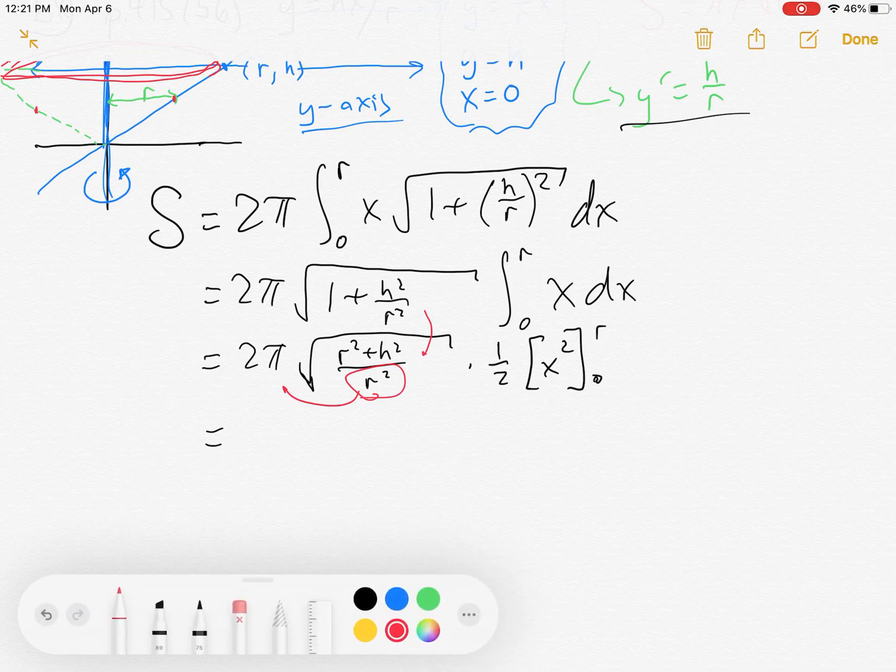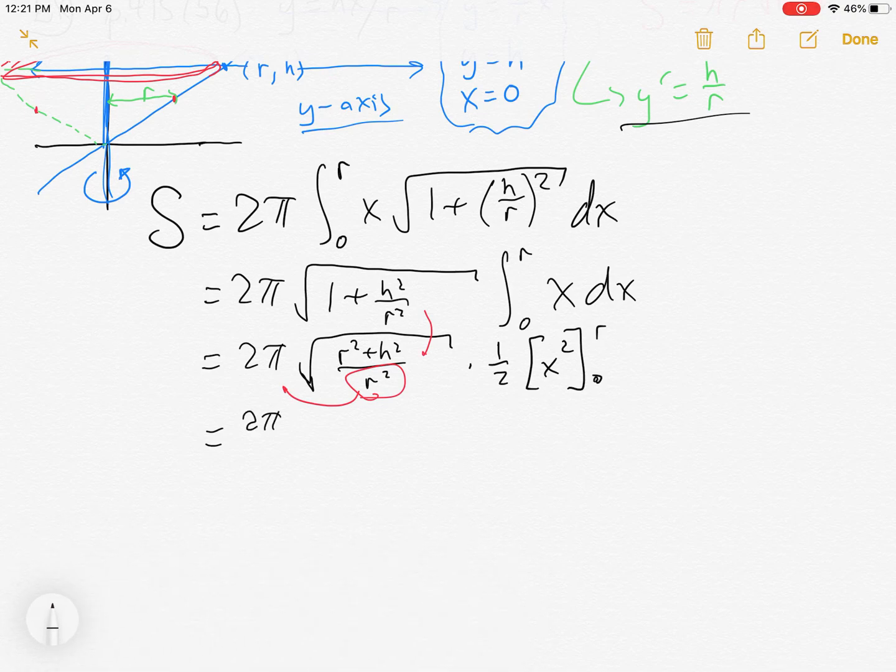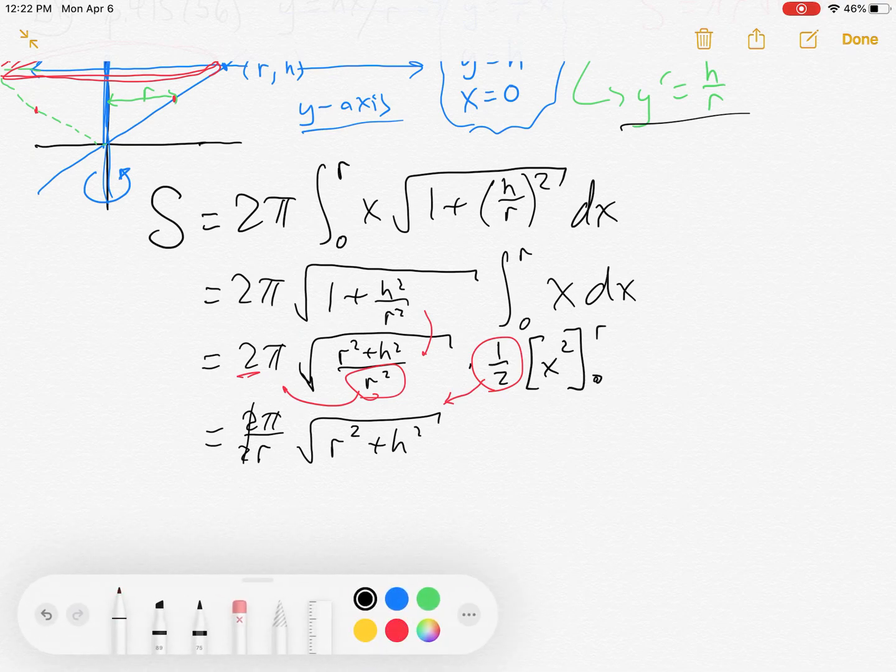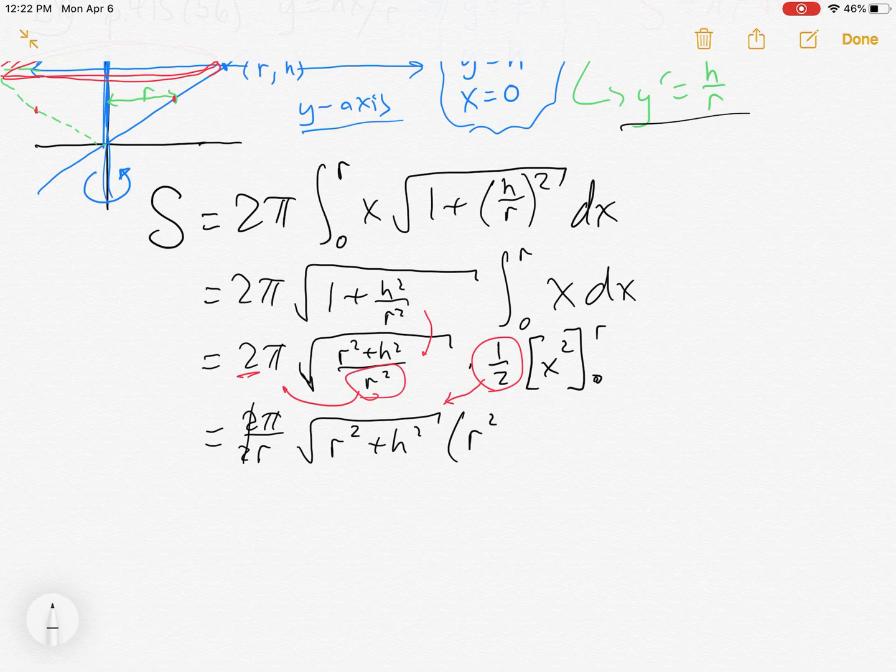Okay, so this becomes, first of all, just like before, that is square rootable. It can come out. So we now have 2 pi over r times the square root of r squared plus h squared. Oh, that 1/2. Put that over there. Okay, from that 1/2 right here. So those cancel with this too.